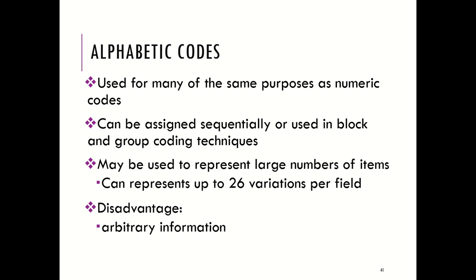On the other hand, the disadvantage of this alphabetic code is that, one, as with numeric codes, there is difficulty in rationalizing the meaning. So it's arbitrary again. What is this, A, B? It has no meaning to me as an alphabet, right? It has no meaning if it's just like that. What is this, blood type? Okay?